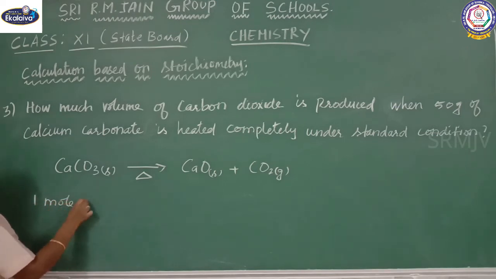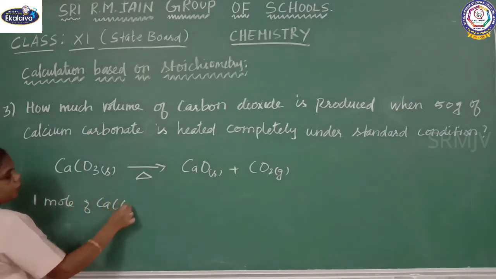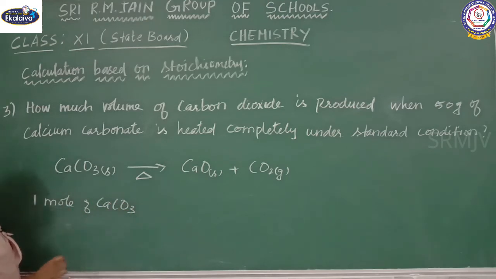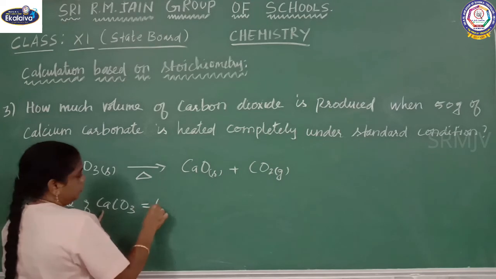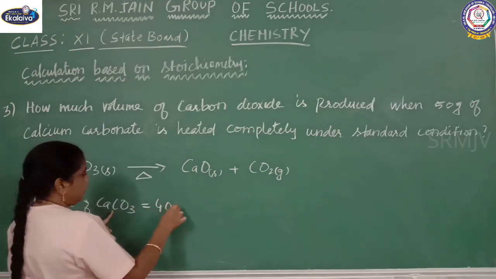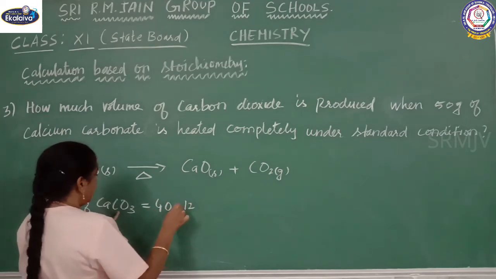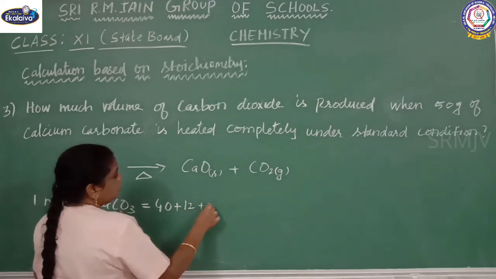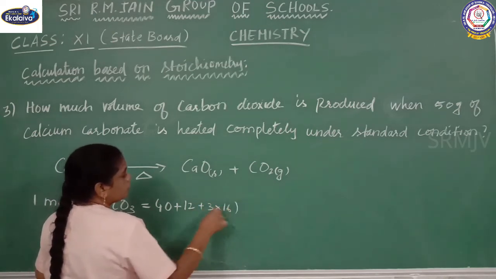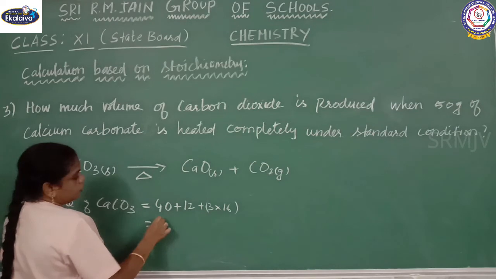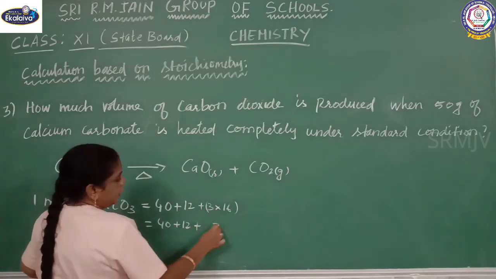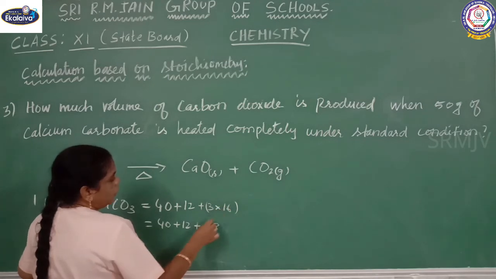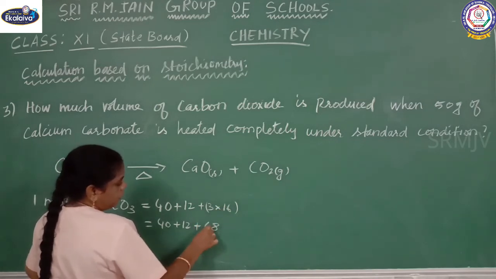So 1 mole of calcium carbonate. The mass of 1 mole of calcium carbonate is the mass of calcium 40 plus carbon 12 plus 3 into 16. So 40 plus 12, plus 3 6s are 18, remainder 1, plus 3 1s are 3, plus 1, 4.